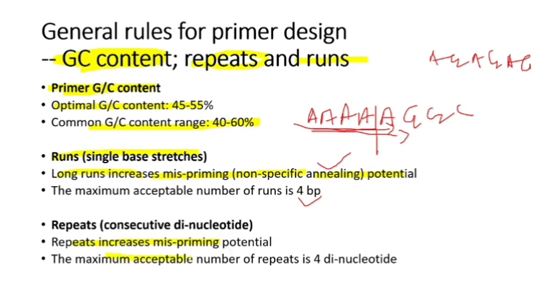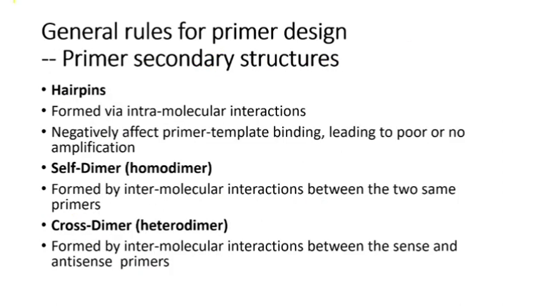The maximum acceptable is 4 repeats; 4 dinucleotide repeats is allowed, but more than that should not be. So I think you understood these three things: the GC content should be around 50%, single nucleotide runs should be only 4, and only 4 repeats should be there. Keep this in mind while primer designing.